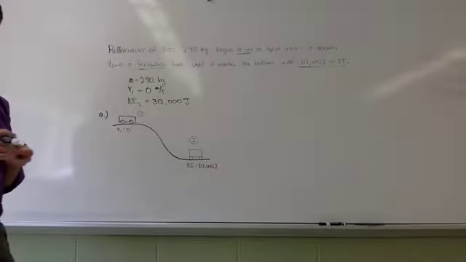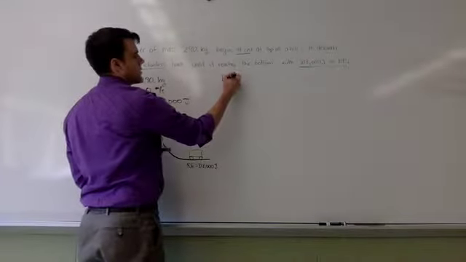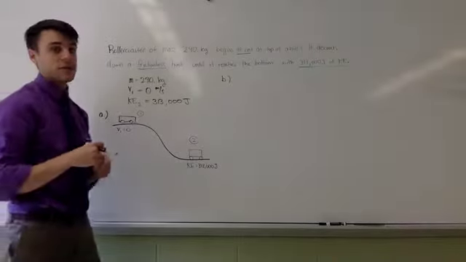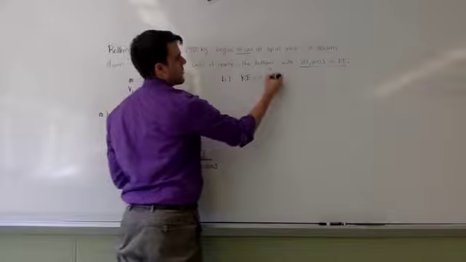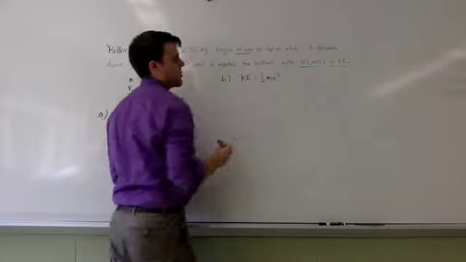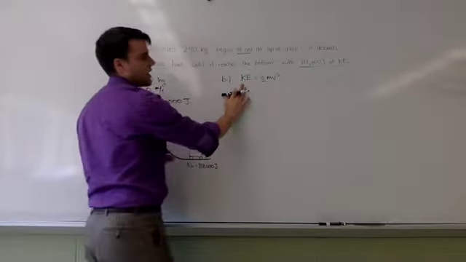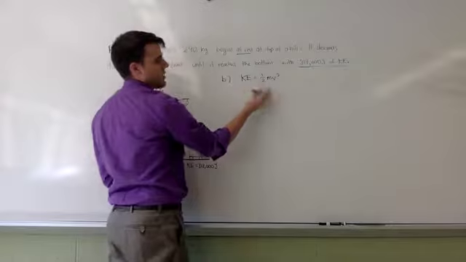Part B says, calculate the speed of the roller coaster car at the bottom of the hill. So, we don't know speed, but we do know that kinetic energy is related to the velocity through the equation, KE equals 1/2 mv squared. So, we know mass, we know kinetic energy, we can solve this for velocity. So, in order to do that, we'll rearrange this equation.